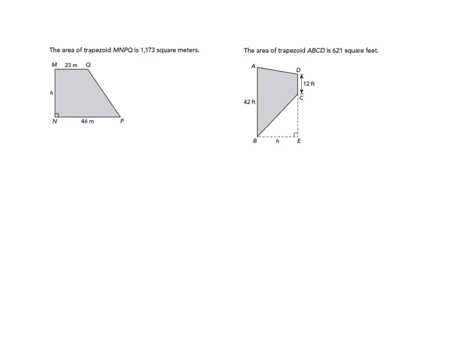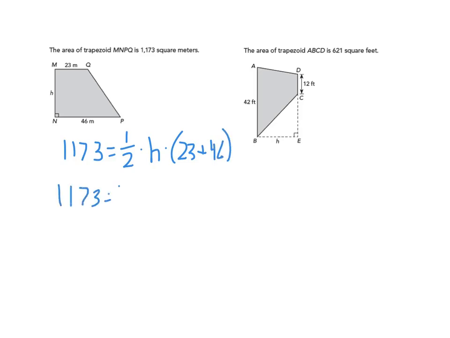Okay, so for the first one, they tell me 173 is the area, and that is 1/2 times the height times the sum of the bases, which is 23 plus 46. If I add those together, I get that it's 1/2 times the height, and the sum of the bases is 69.